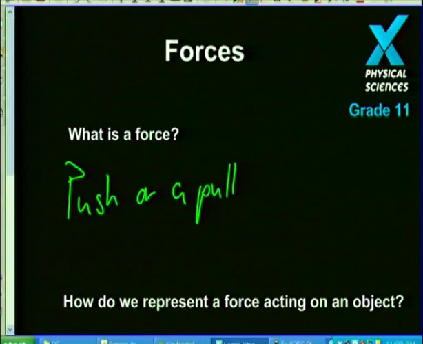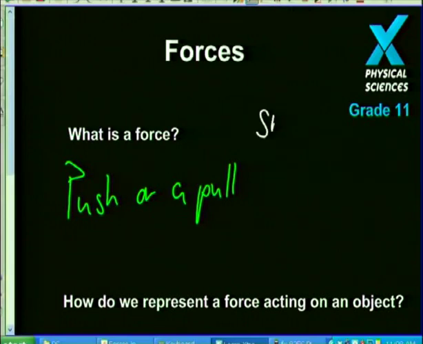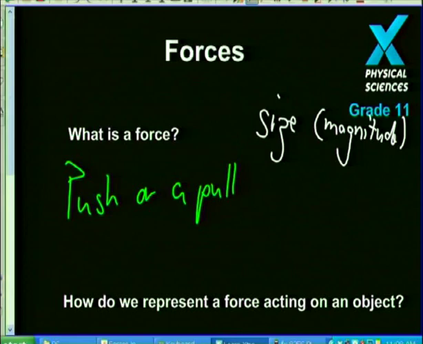What we need to understand about forces then is that because we can describe them as push or pulls, they have size, which in physics we refer to as magnitude. But what's also important is direction.